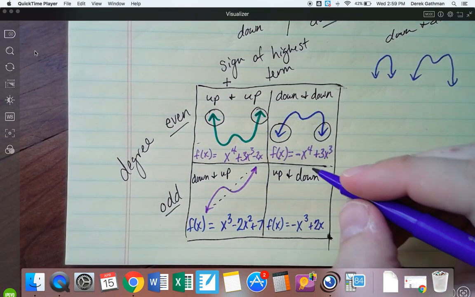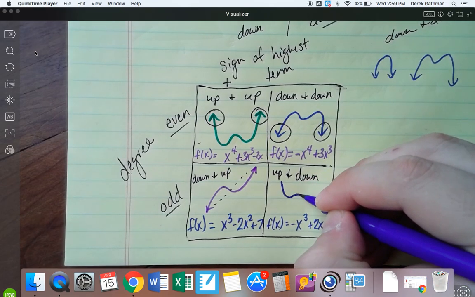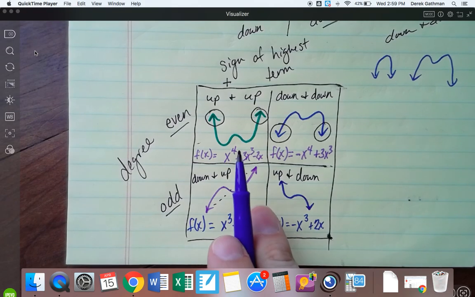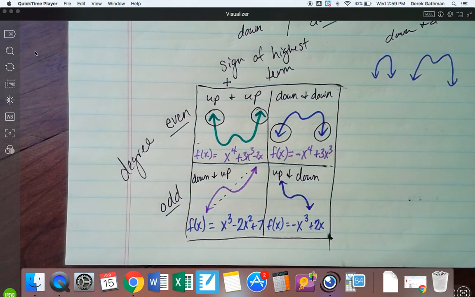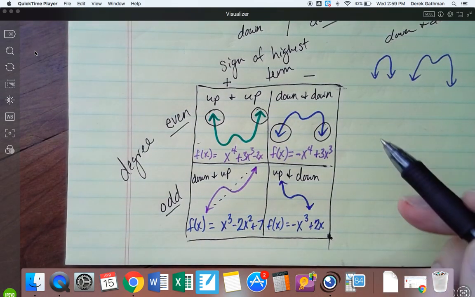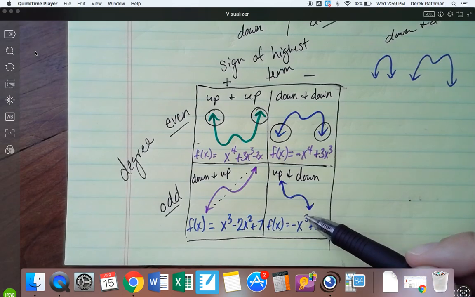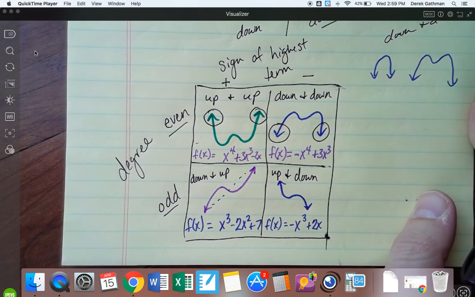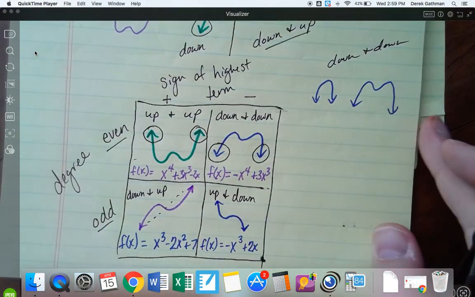And so my function is probably going to look something like this, where I'm going up from the left and down to the right. So if it's got a negative sign on my highest term, I think of it as a negative slope. It's kind of going down that way. So I can look at just the function and not even have to graph it to do this.